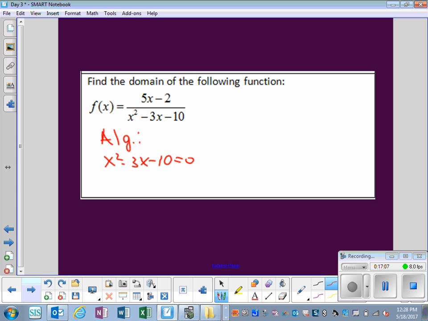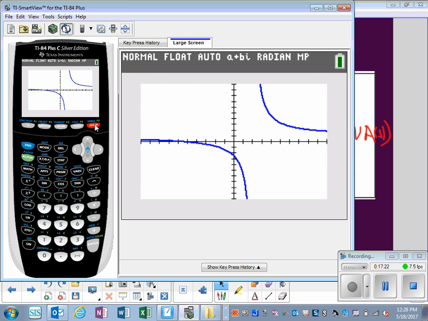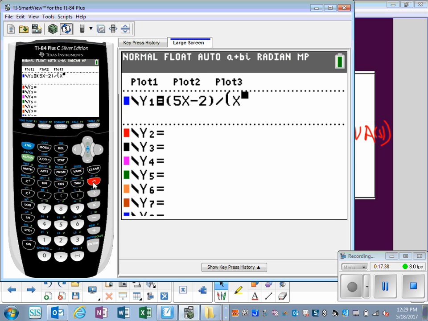So let's look at the graph. Graph, look for VAs. So I will look at the graph. So graph y equals, clear everything. Please don't forget parentheses. 5x minus 2 parentheses divided parentheses x squared minus 3x minus 10.